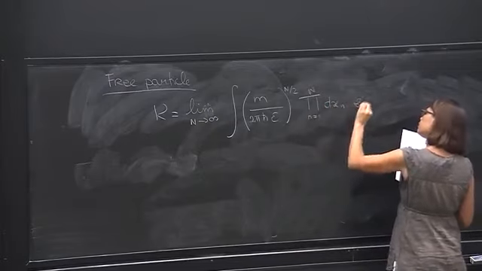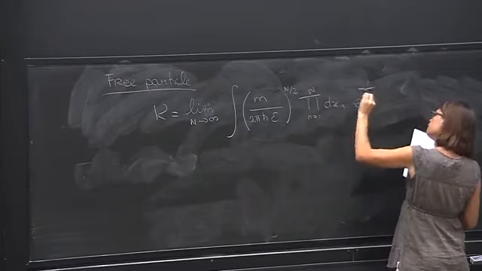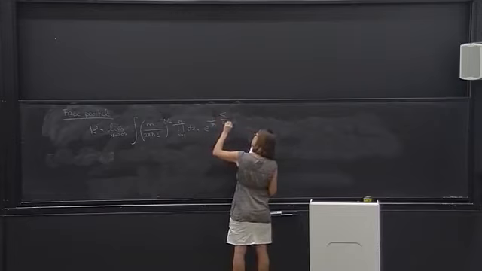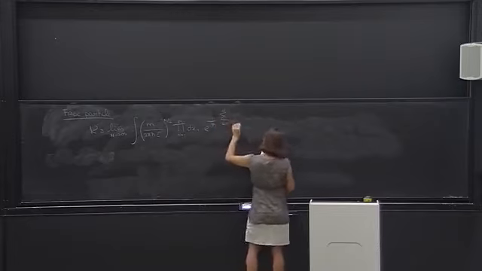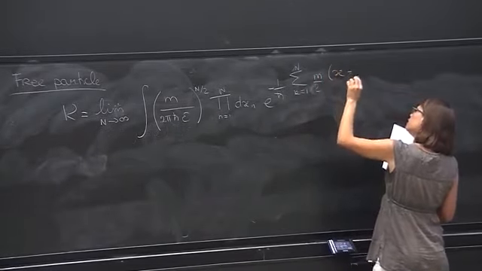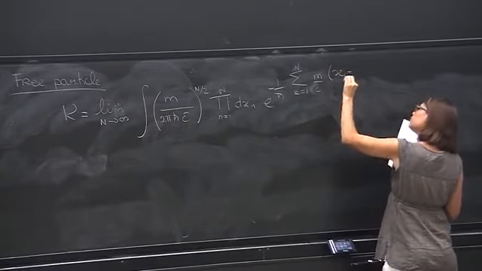Now I can express explicitly my discrete action, which is the sum from k equals 1 to n of m over 2. So I only have this kinematical term.